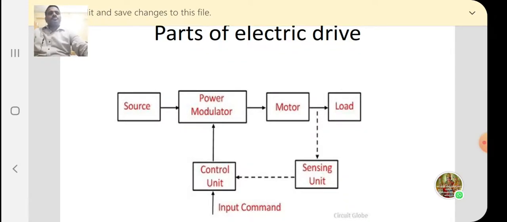For the DC power supply, we need a DC power supply as a source, where solar power is used.